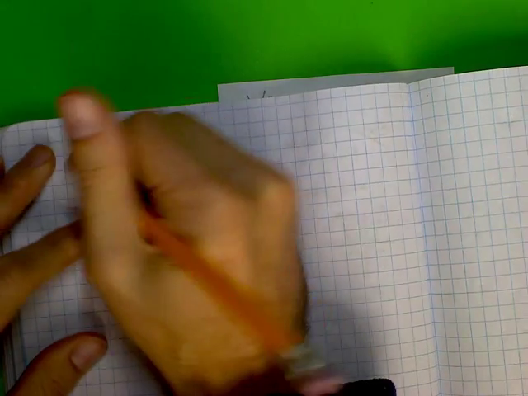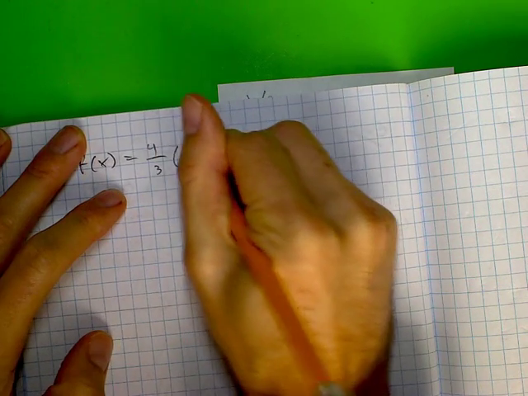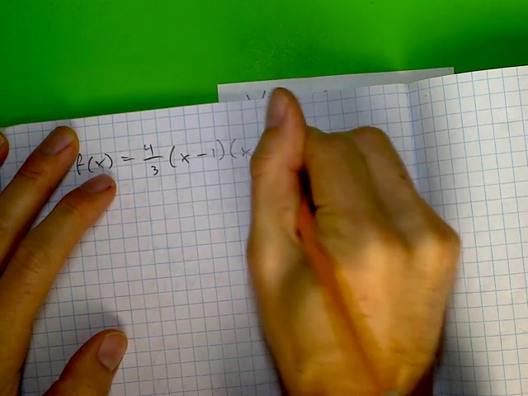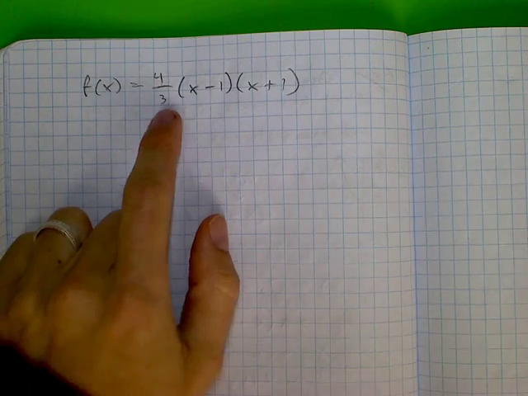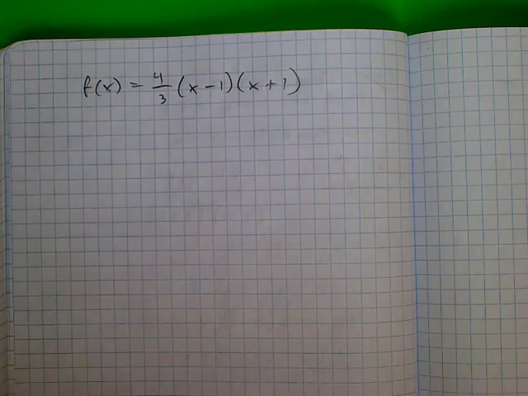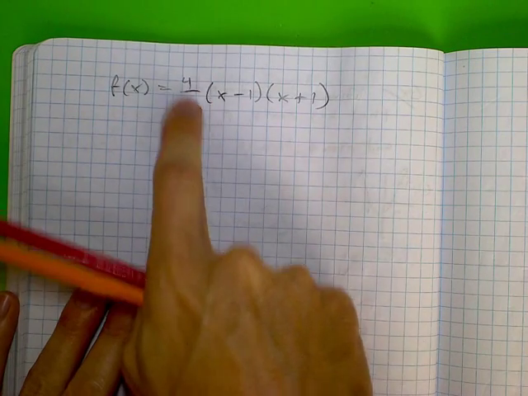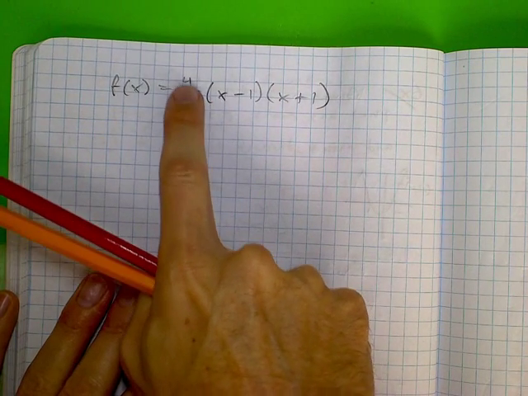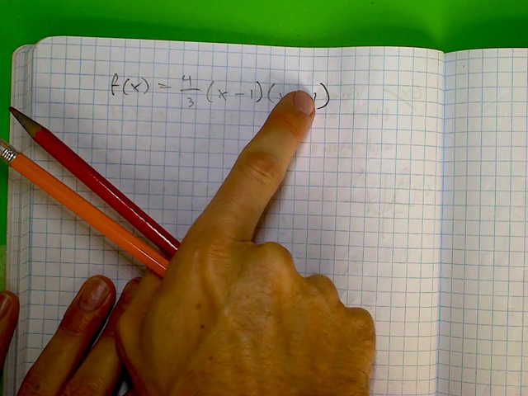Alright, so I'm going to start with my function. It was 4/3 times x minus 1 times x plus 1. So, what should we do first? It doesn't really matter, but one thing we don't want to do that I saw a handful of us do on the test was take this 4/3, or whatever number's out there, and distribute it to the x minus 1, and then distribute it to the x plus 1.